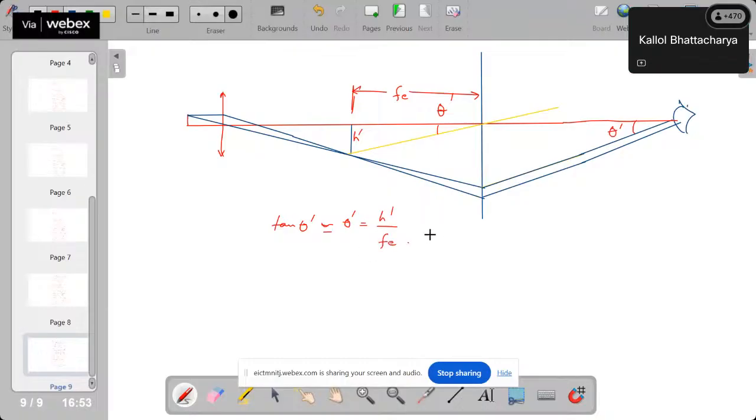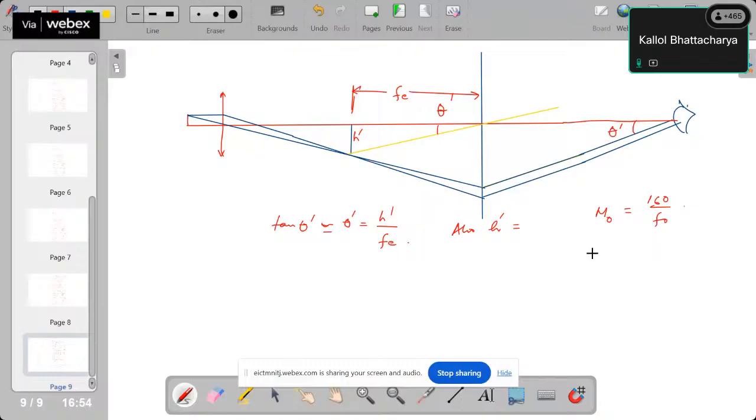Now also, what is h prime? We have the relation: m, that is the magnification of the objective, is equal to 160, that is the tube length, by FO.